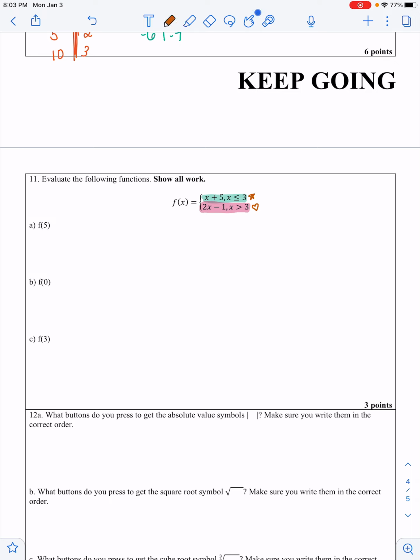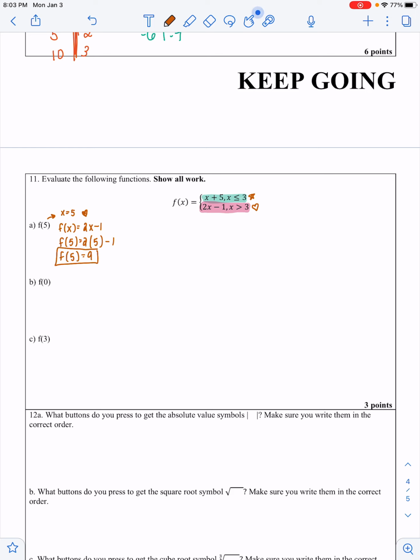So let's first find f of 5. In this case, x is equal to 5, and 5 is greater than 3, which means that we should be using the heart function. So we should be using f of x equals 2x minus 1. So f of 5 equals 2 times 5 minus 1. f of 5 equals 9.